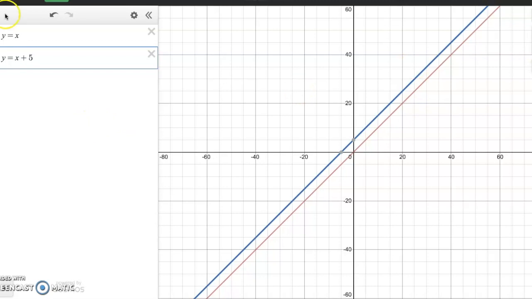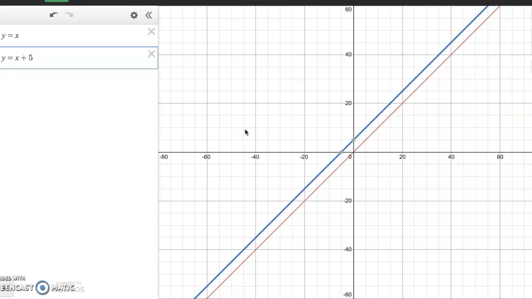So those lines have the same slope, 1, but they have different y-intercepts. So this line is above that line. And what that means is that they will run parallel to each other forever and ever and never cross. So what that means is that there's never a value of x and y that would make both of those equations true.